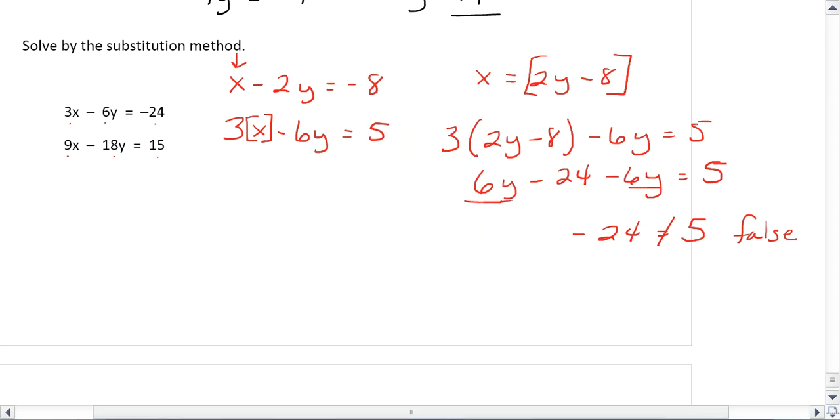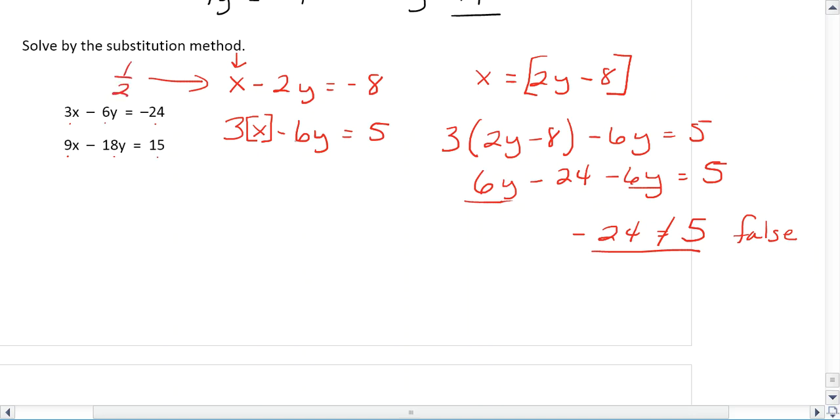So if the algebra brought us to a false statement, I'm thinking this could be a case of no solution, which would indicate these are parallel lines. So let's just check and see if our suspicion is true. Let's go back here and mentally check the slopes. If I added a 2y to both sides and divided by 2, the slope of this first line would be 1/2.